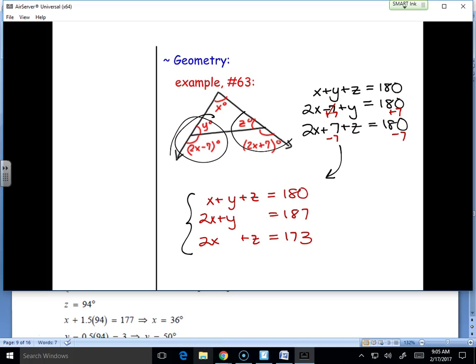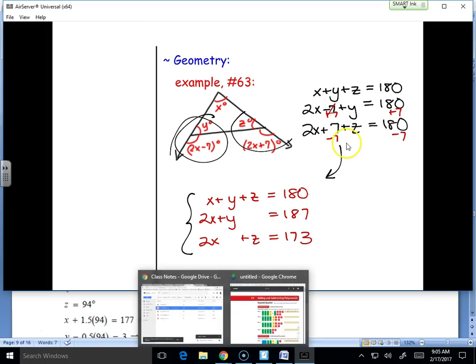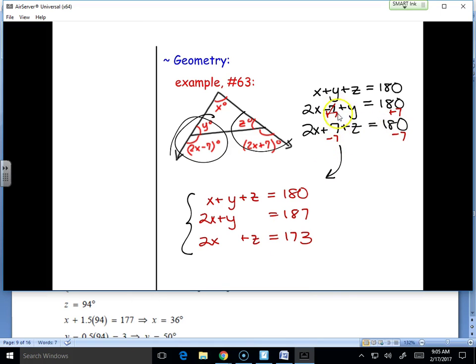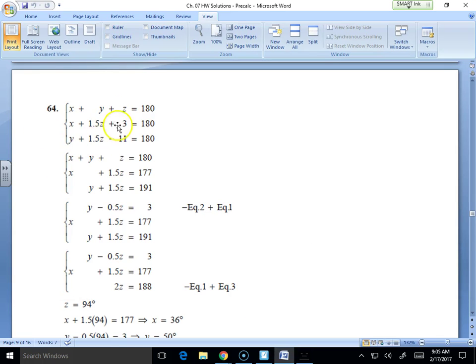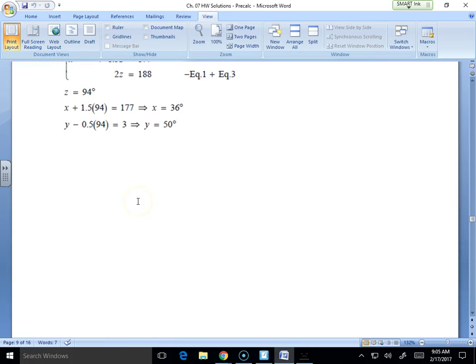You were supposed to set up 3 equations, and once you had 3 equations, yesterday I showed that you could move the constants to one side, organize everything to be all nice and pretty. But once you plug and chug, you end up with final answers of z equals 94, x equals 36, and y equals 50.